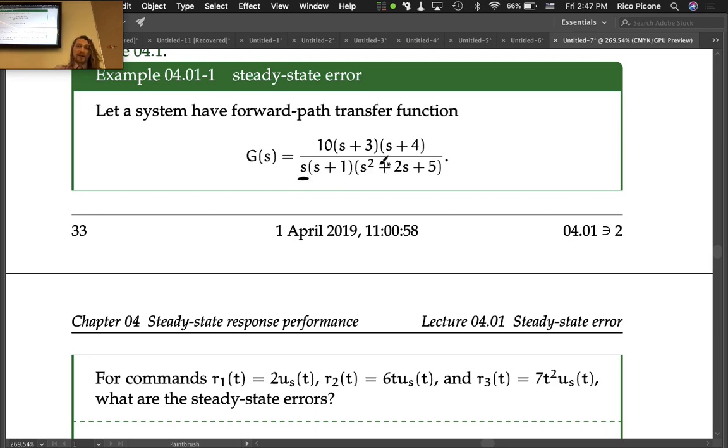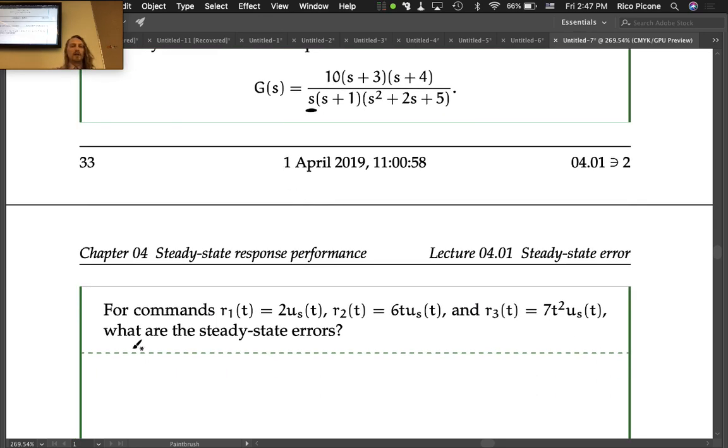You can't factor out any other s's from this. It doesn't matter where that s showed up. It could have been s squared plus s, and you could have factored out 1 s. So once you factor out s, you have the number of integrators. You have to do that factoring out first. So we have 1 integrator, so we have a type 1 system.